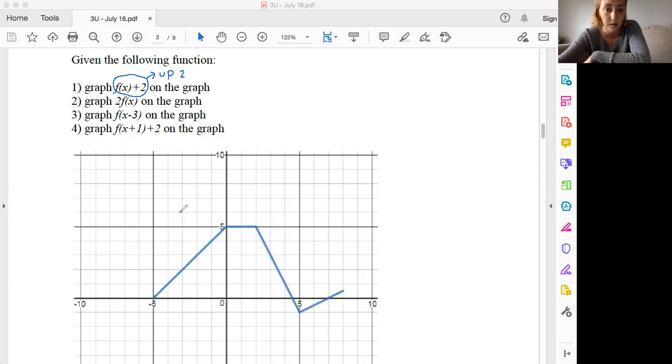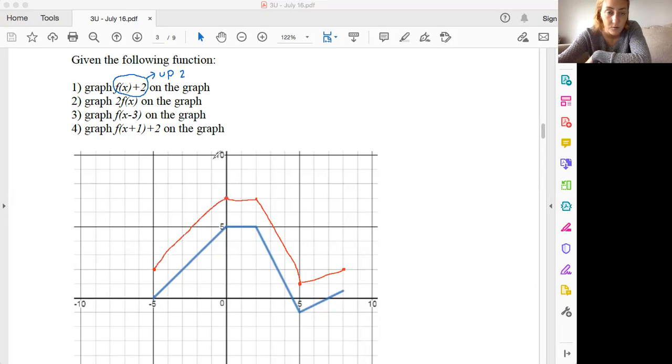So you take this point, I probably shouldn't use blue for this one, and this will go up by 2. This will go up by 2. You take all of your original points and you move them up by 2. Then you redraw it with straight lines because you guys have rulers and I don't.